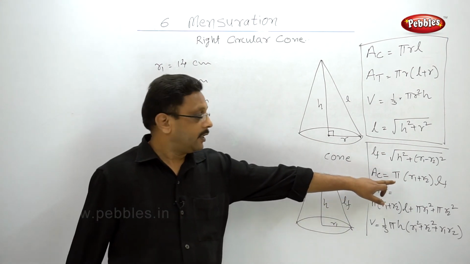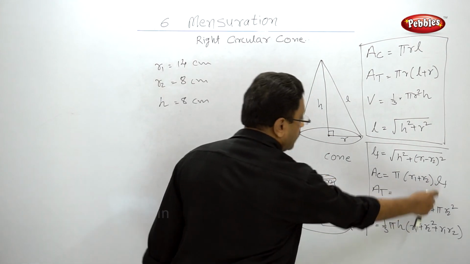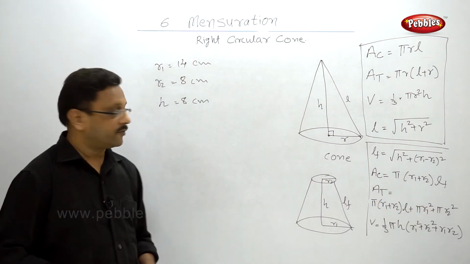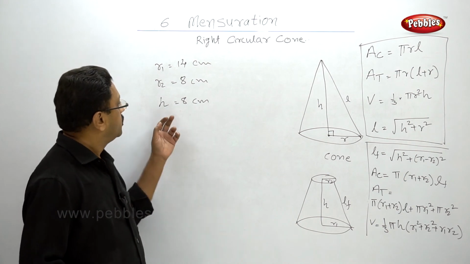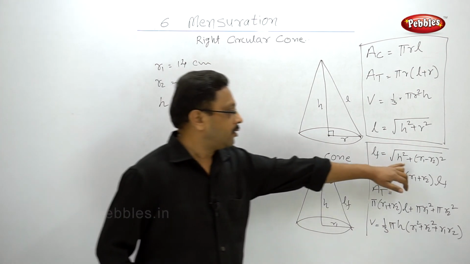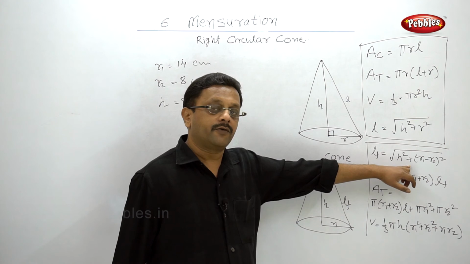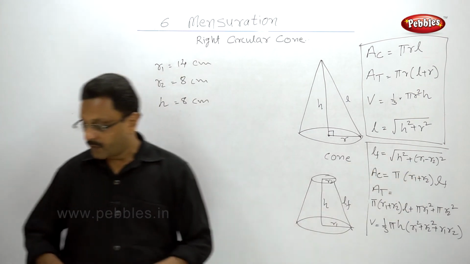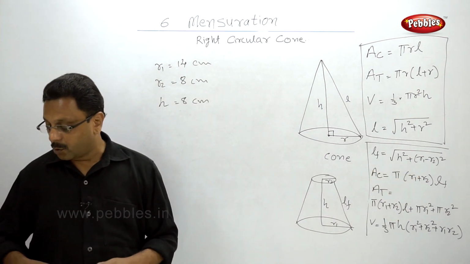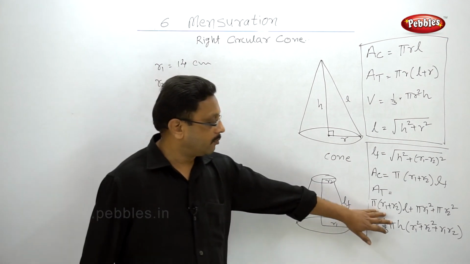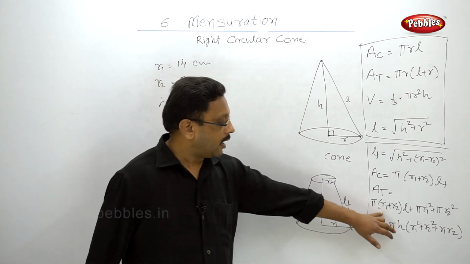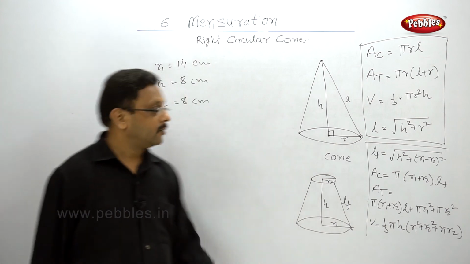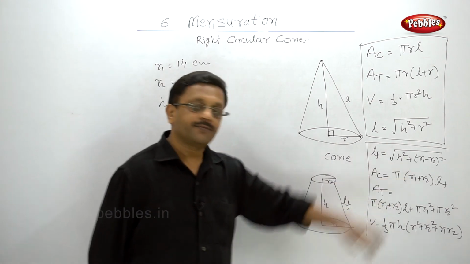Now in this case you have to find L, the slant height of the frustum, also. Based on this formula, you can easily find the slant height. Then you have to find the total surface area of the frustum by using this formula. R1, R2, L are known, you have to find L from this.